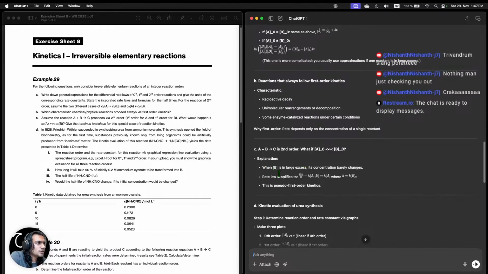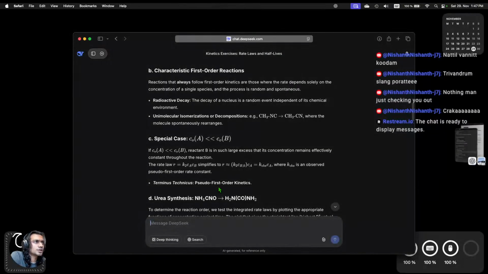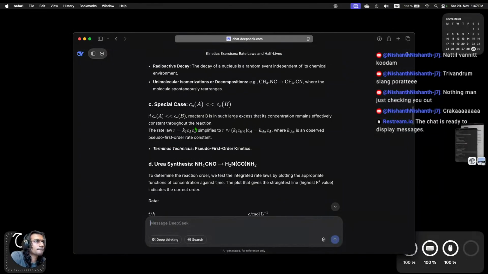When B is in large excess, its concentration barely changes. Rate law simplifies, where k' equals k[B]0. This is pseudo first order kinetics. What did DeepSeek have to say? Pseudo first order rate constant. Oh, okay.